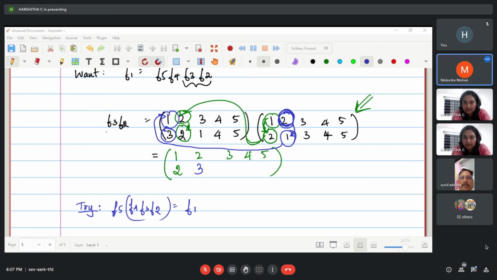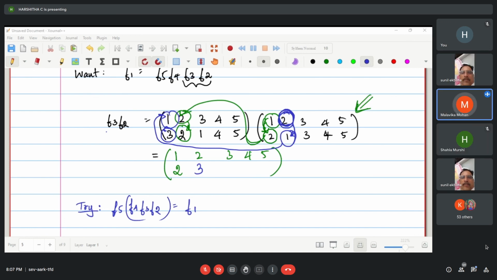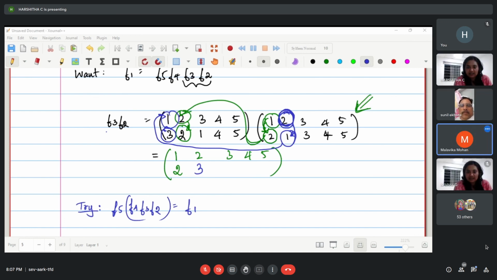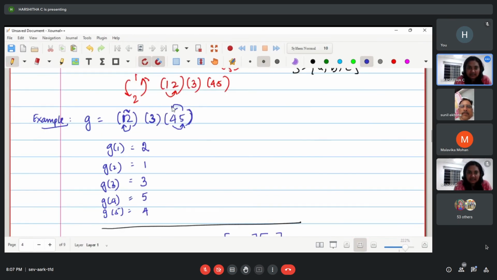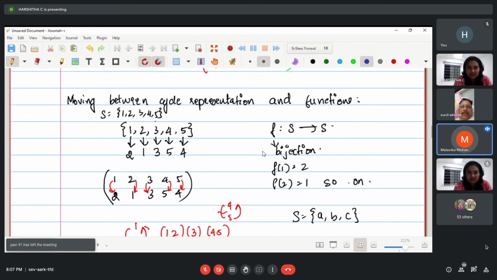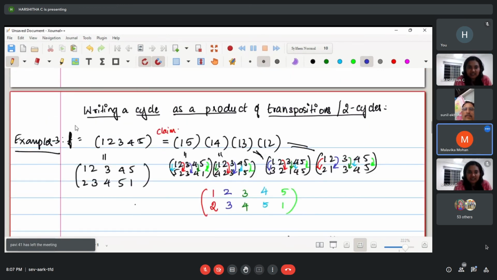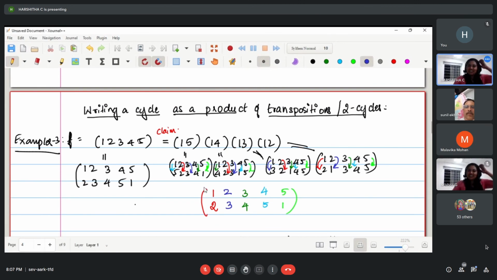Excuse me, ma'am. How do we find that this is the required product for us? Is it just a hit and trial method, or is there any general idea to find the two cycles? You're saying this one, 1 5, 1 4, 1 3, 1 2. How did we guess it? Okay.